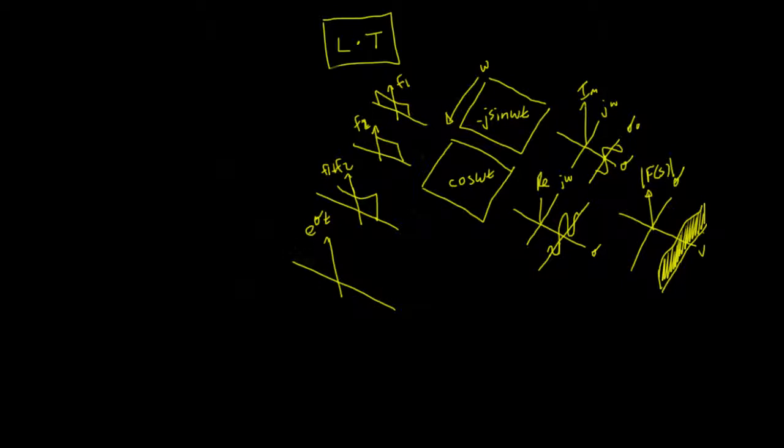Now we have this modulating this function here, and if we multiply these two together, we'll come back to the original function f of t. So that there is the inverse transform.